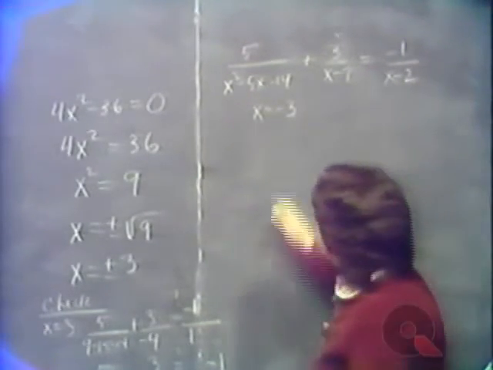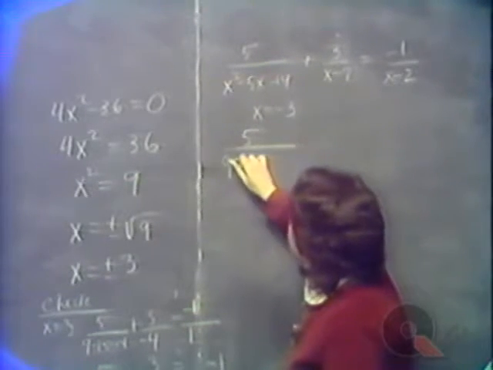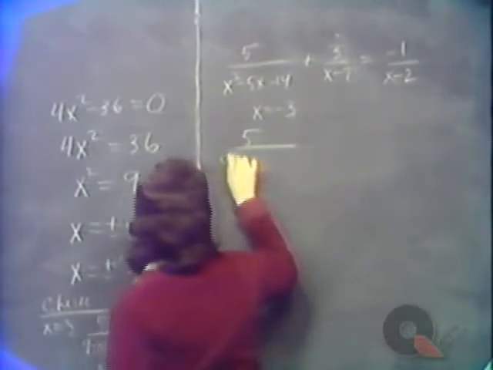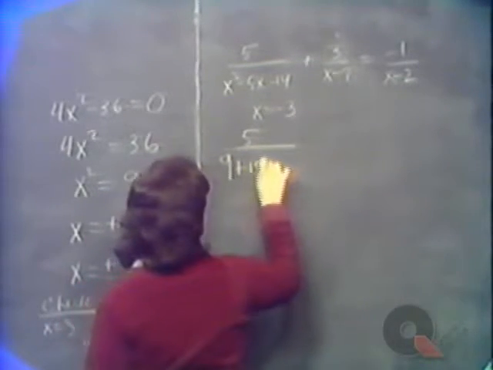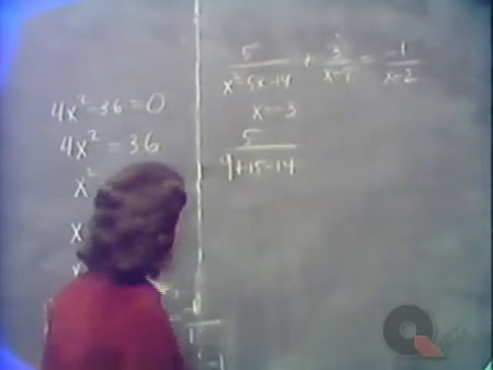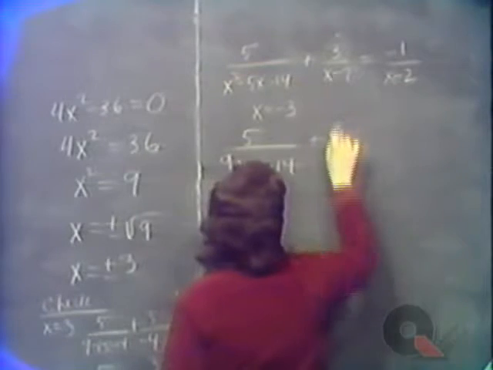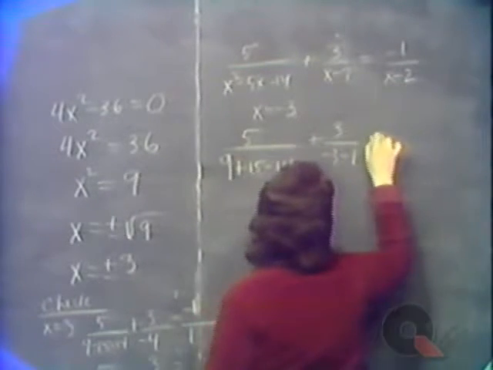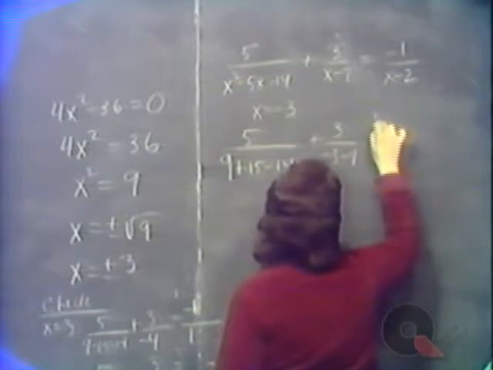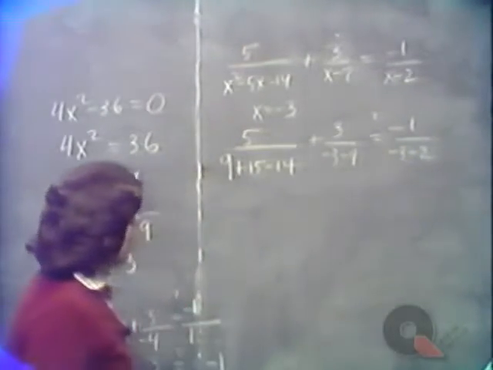Substituting in x equals minus 3, we get 5 over 9 plus 15 minus 14, because minus 3 times minus 5 will give us plus 15, plus 3 over minus 3 minus 7, should be equal to minus 1 over minus 3 minus 2.